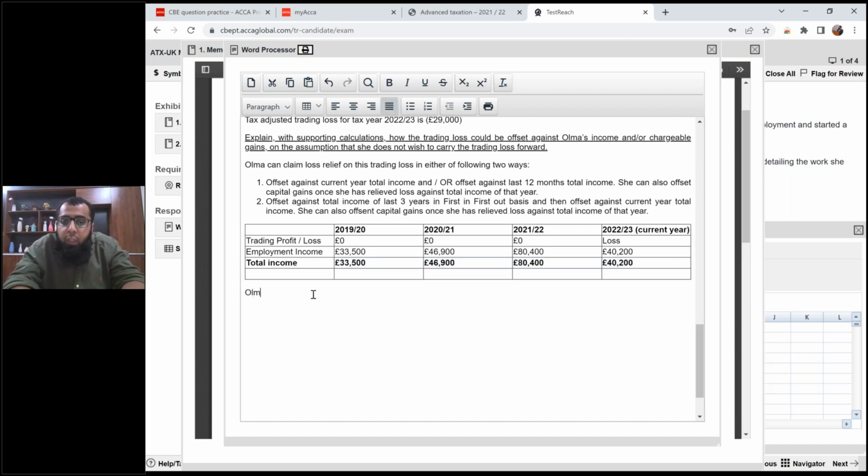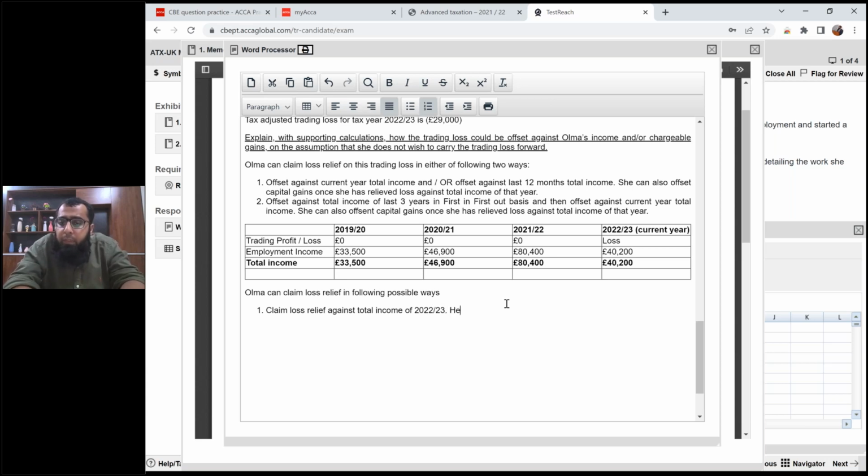Now listen to me. Alma can claim loss relief in the following possible ways. Claim loss relief against total income of 2022-23.